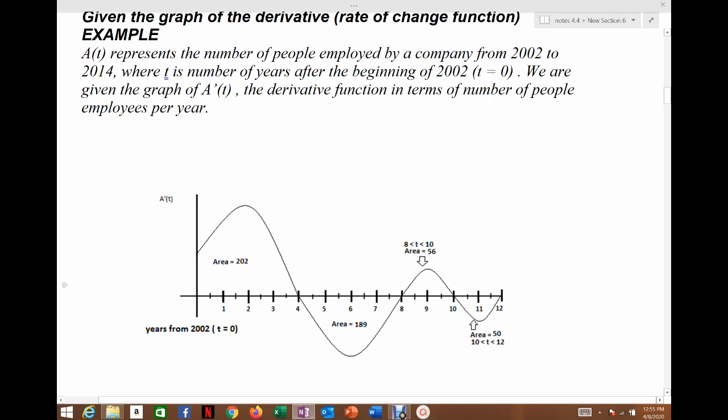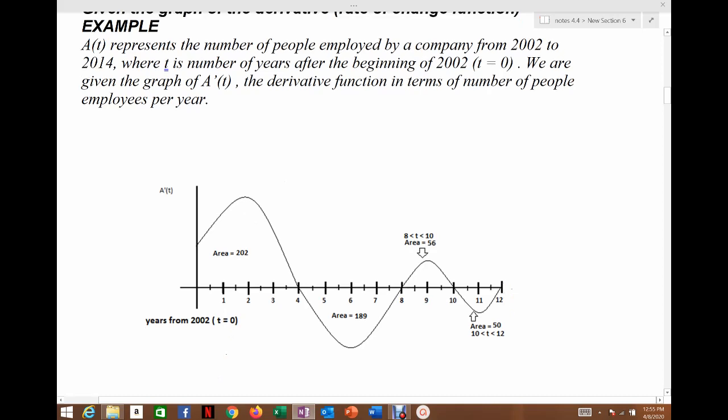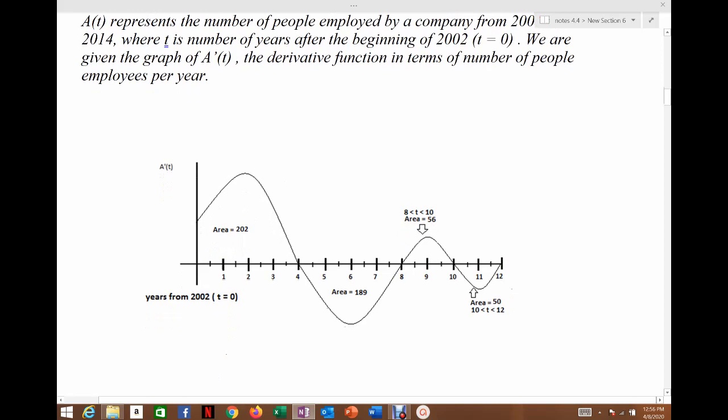T represents the number of years after the beginning of 2002, so 2002 is where we're starting, time 0, up to 2014, which would be 12 years later. We're given the derivative, which is the number of employees per year.